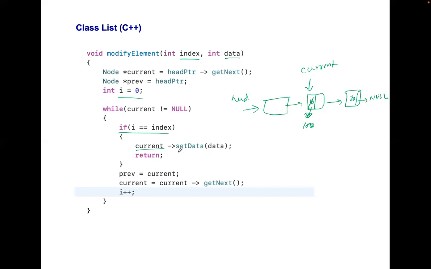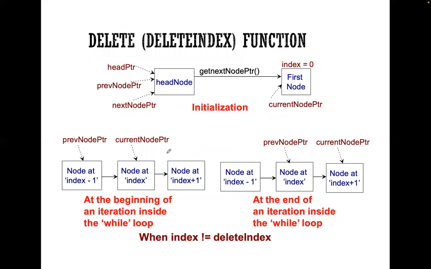Then just use the set data function from the node class definition: current set data should be your new data. That's it. Once we are done with this modification, we can just return from here. In the next video, we are going to talk about the delete function.